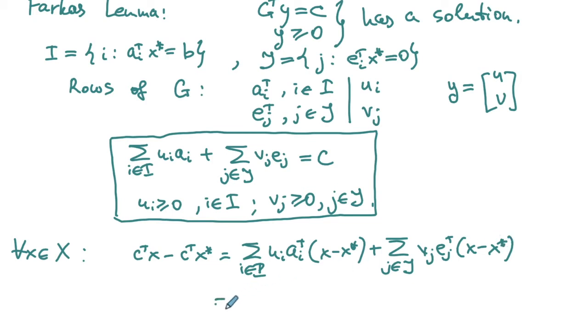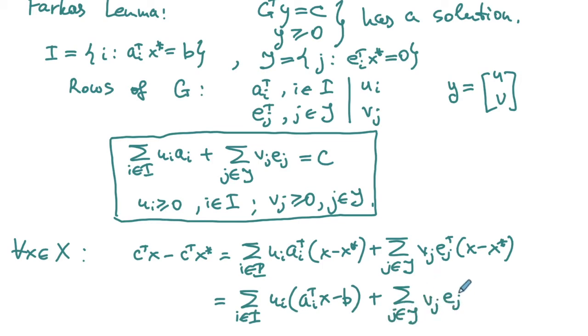So taking this into account, we can rewrite this expression as the summation of u_i's times (a_i transposed x minus b) plus the summation over j's of v_j's e_j transposed x. Again, e_j transposed x star is 0, right? So this part disappears, and this is what we have here, right?